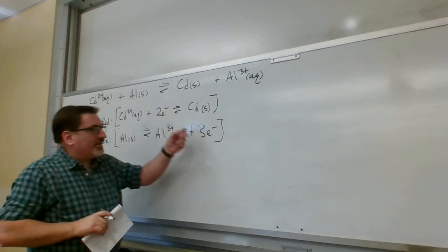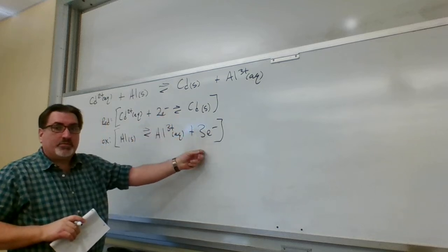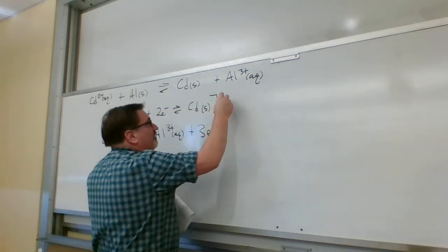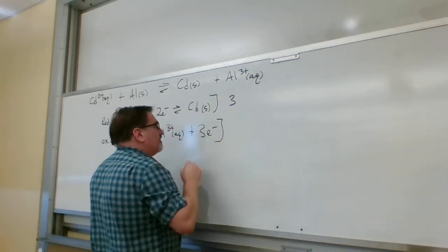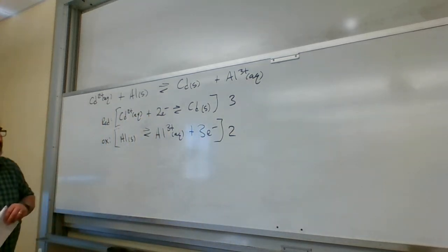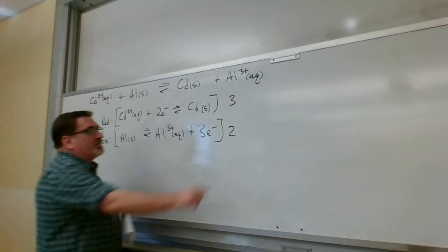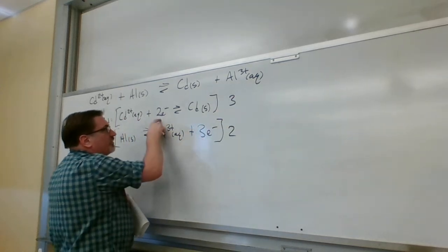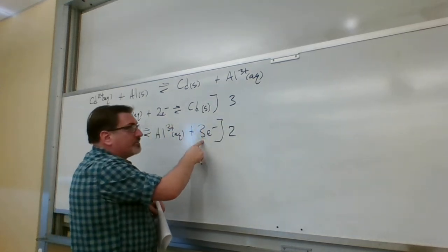So 2 and 3, the least common multiple is 6. There's going to be a 6 electron process. That means we need to do the cadmium half reaction 3 times and the aluminum reaction twice. The 3 and the 2 here come from needing to make 2 electrons and 3 electrons balance.